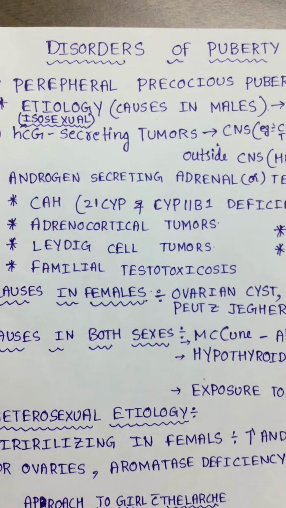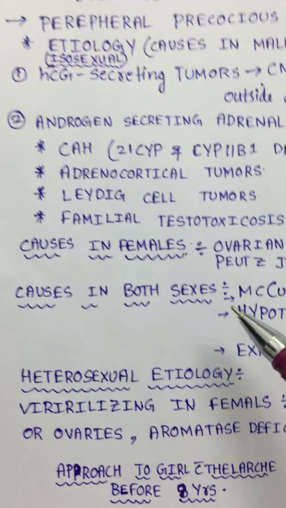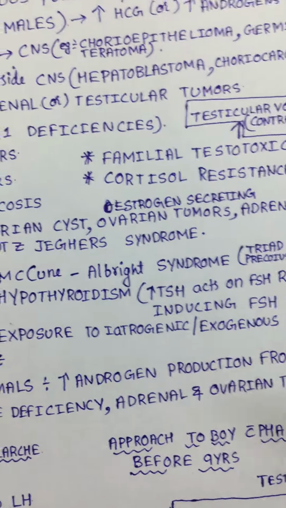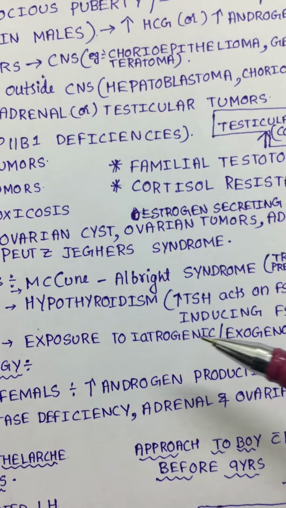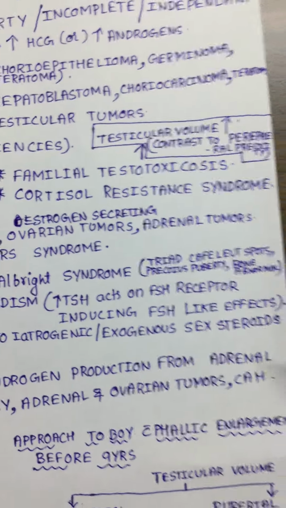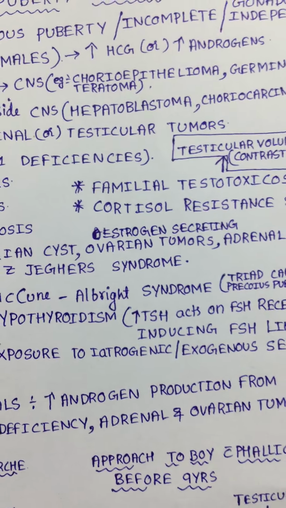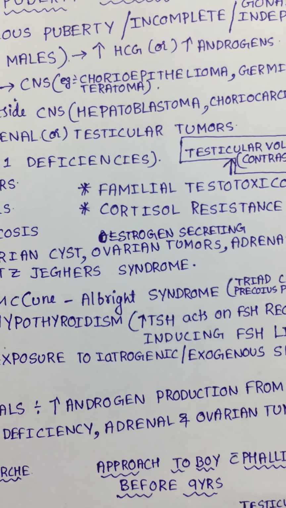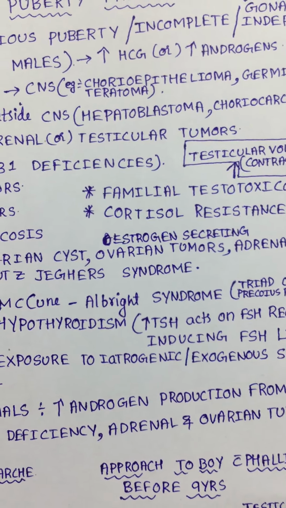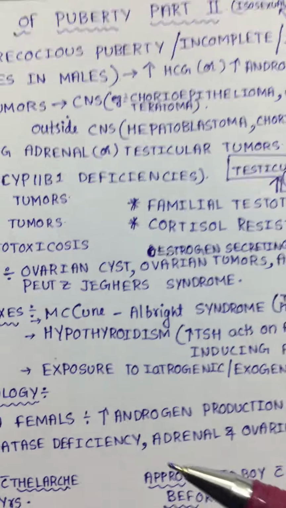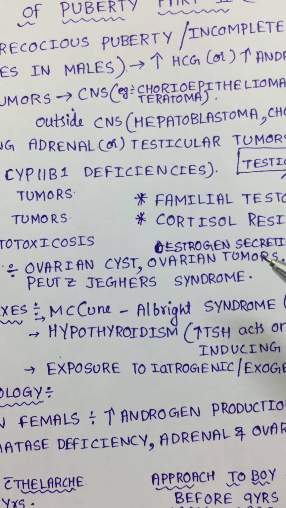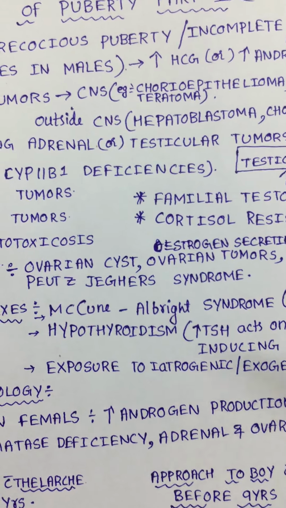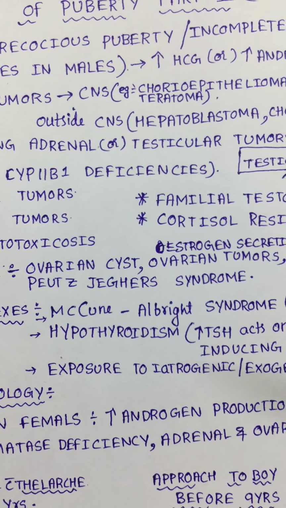Causes of precocious puberty in both sexes are McCune-Albright syndrome, hypothyroidism, and exposure to androgenic or exogenous sex steroids. In some conditions, many cosmetics and some treatments with exogenous sex steroids, in females if they are using estrogens and in males if they are using testosterone, there will be isosexual peripheral precocious puberty.